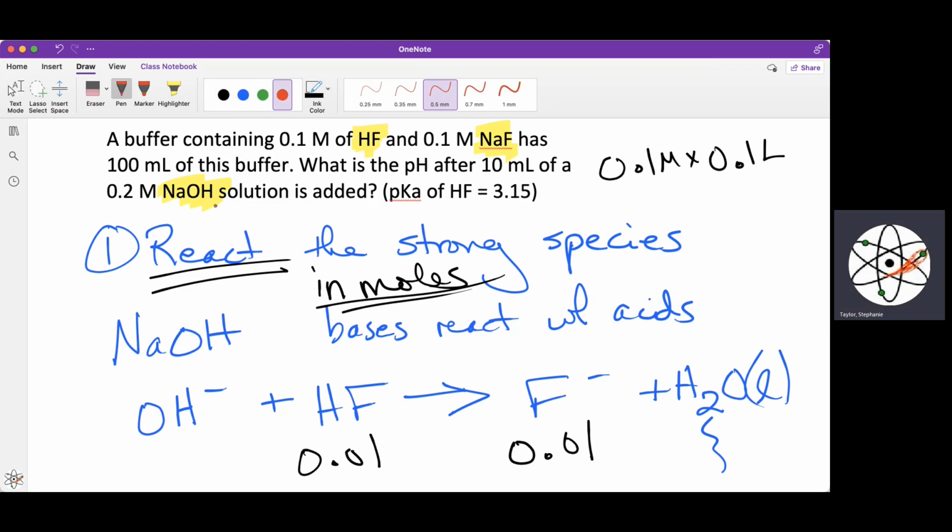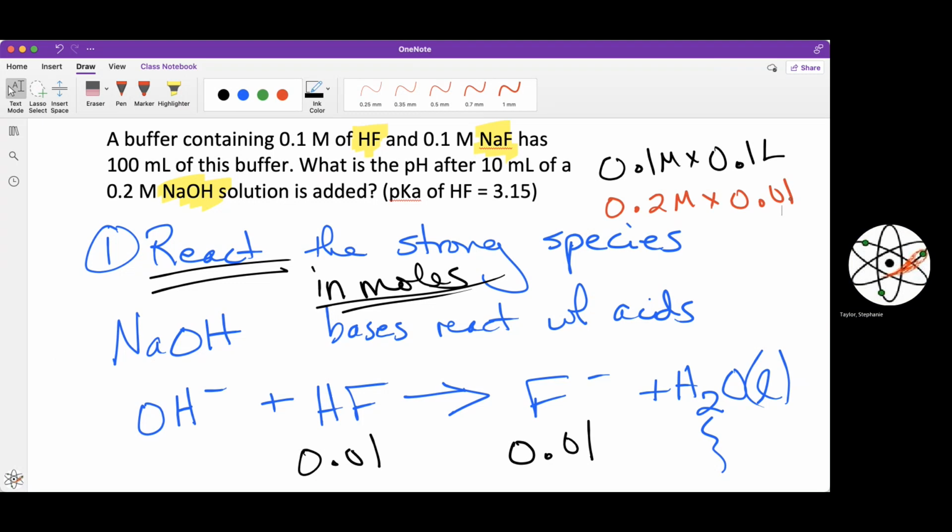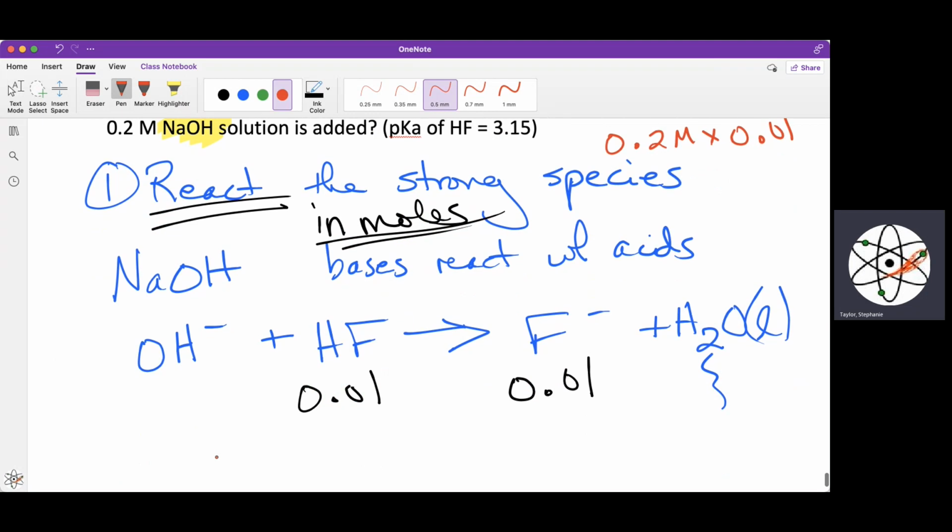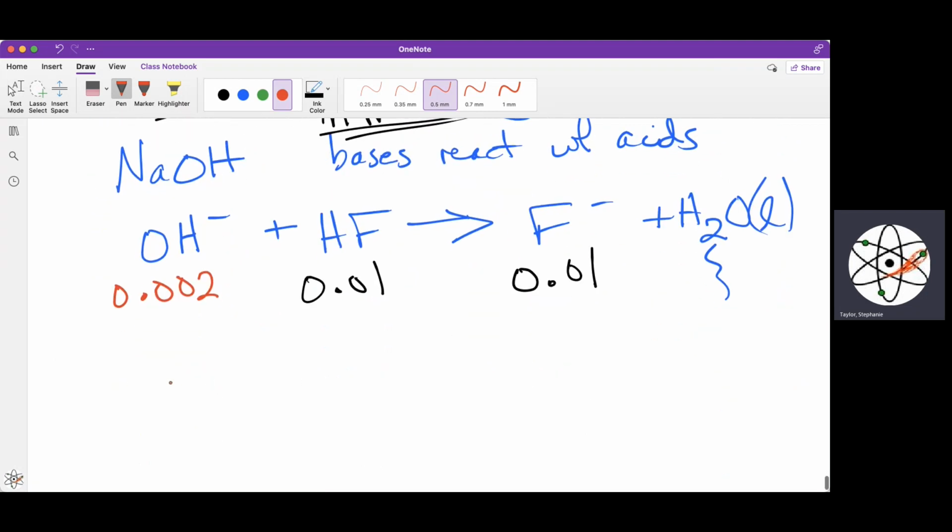Then we do the same thing for my strong base. I have 0.2 molar times 0.01. So I have 0.002.